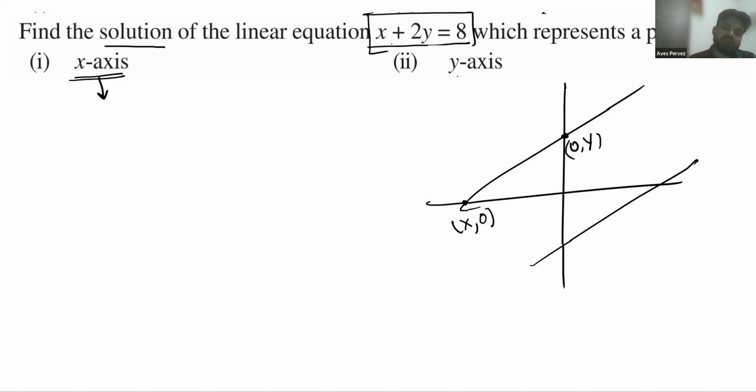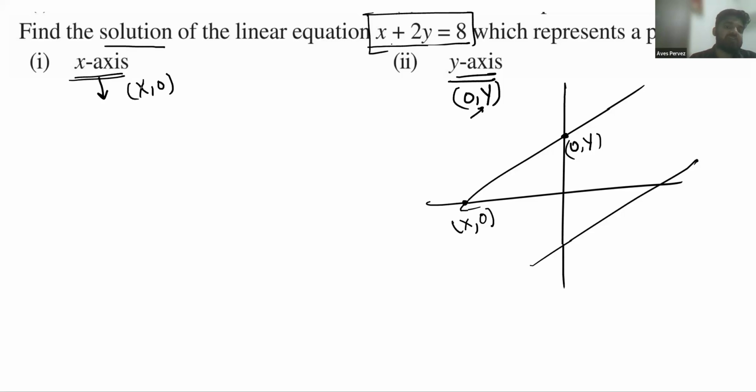So you need to find out the value of y. And on the x-axis, your coordinate will be in the form of x comma 0, so you need to find out the value of x.